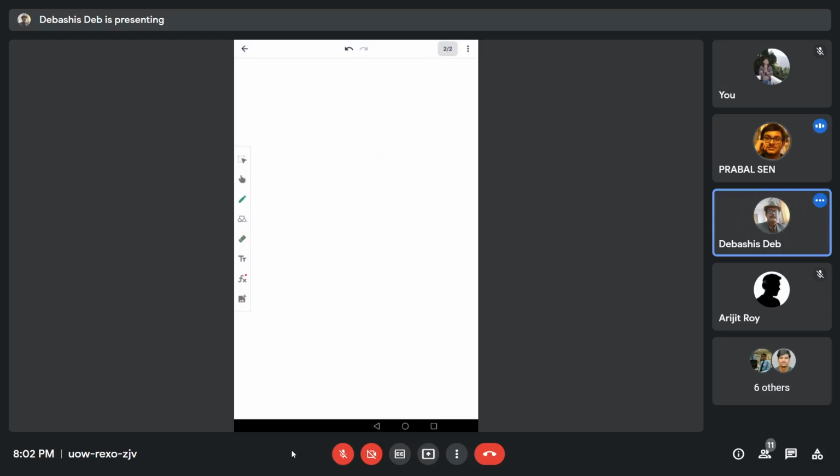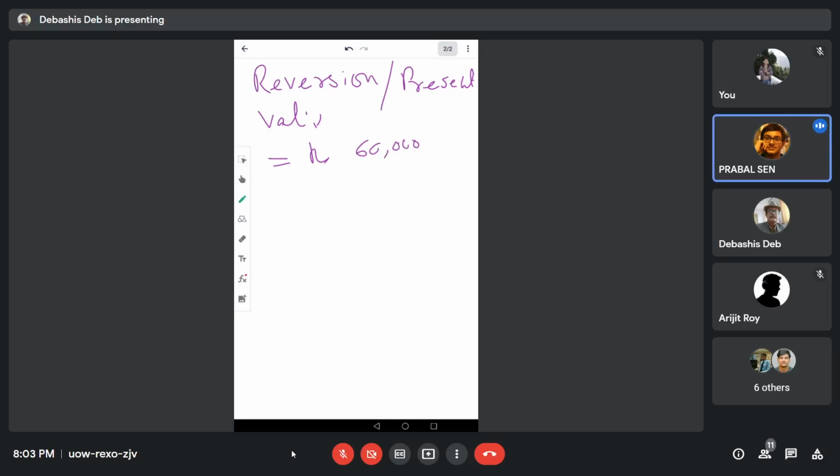So now write down reversion or present value equal to rupees 60,000 into 1 plus i to the power n.